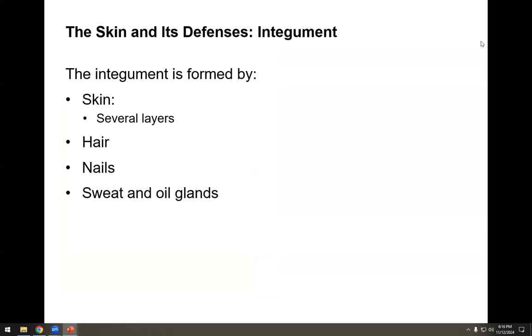Okay, so we already know about the skin and the defenses that it provides us. Your cells on the surface are mostly dead skin cells. They'll be shed, and with them we shed any microbes that might be on the surface of your skin. We've got hairs that trap debris. We've got lower pH levels, more acidic. We have a higher salt content than these microbes are usually accustomed to. The organisms on your skin are halotolerant, we call them.